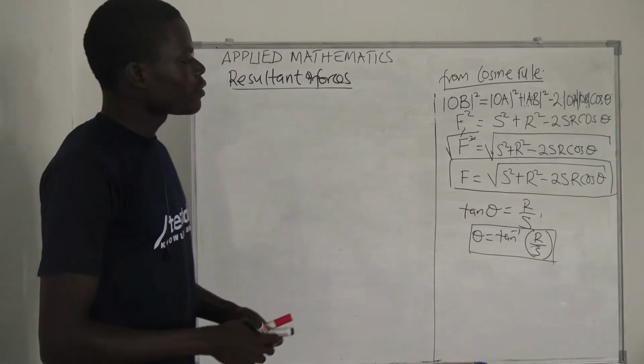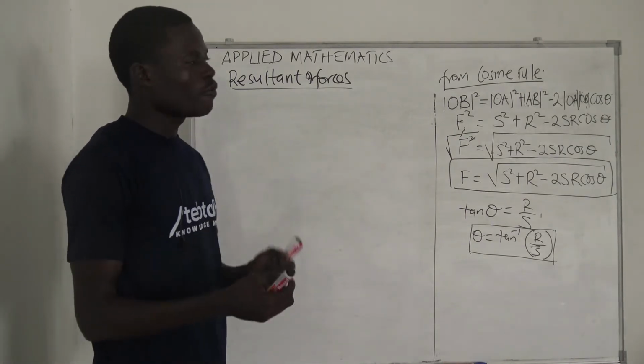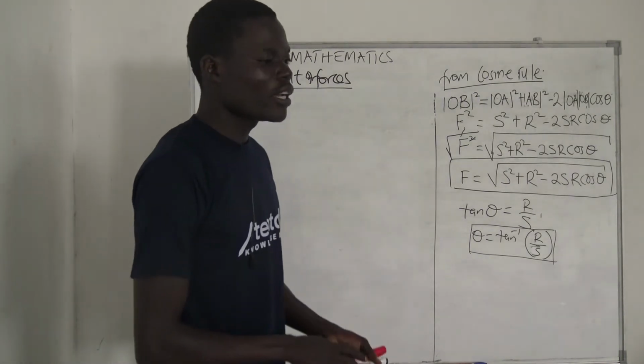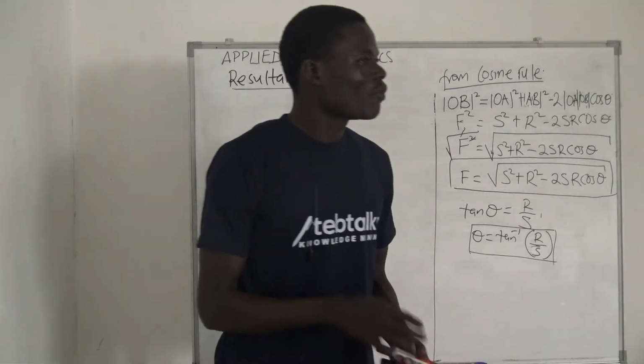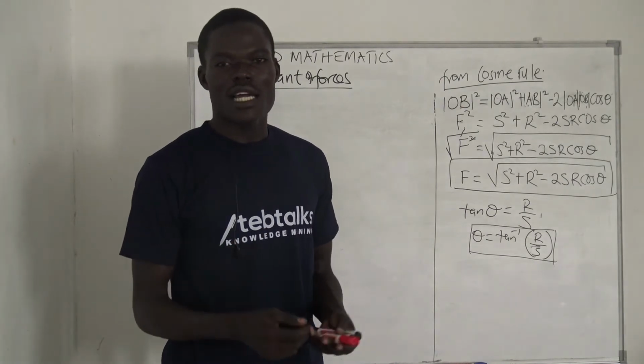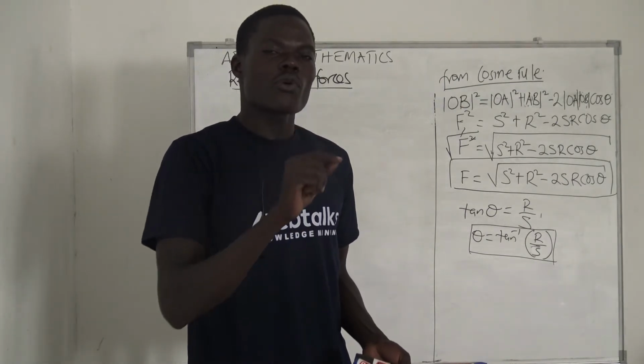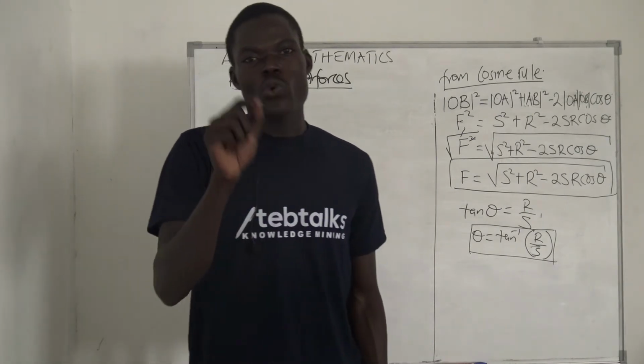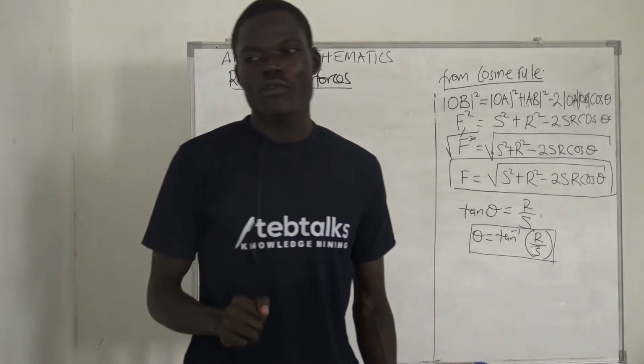So the next thing, we have already looked at if a force is perpendicular to the other one, how we get it. If a force is perpendicular to one force, then we use the other method of F equals the square root of that one force squared plus that second force squared.